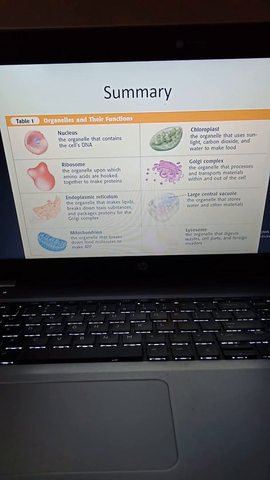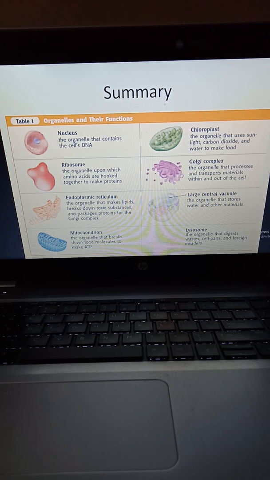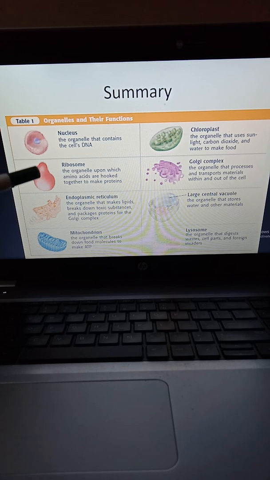So for the last few lectures we have been discussing different organelles inside the eukaryotic cell. We talked about those organelles which are related to protein synthesis, and you can name them for me. There is the nucleus, then the ribosome, then the endoplasmic reticulum, and then the Golgi complex.